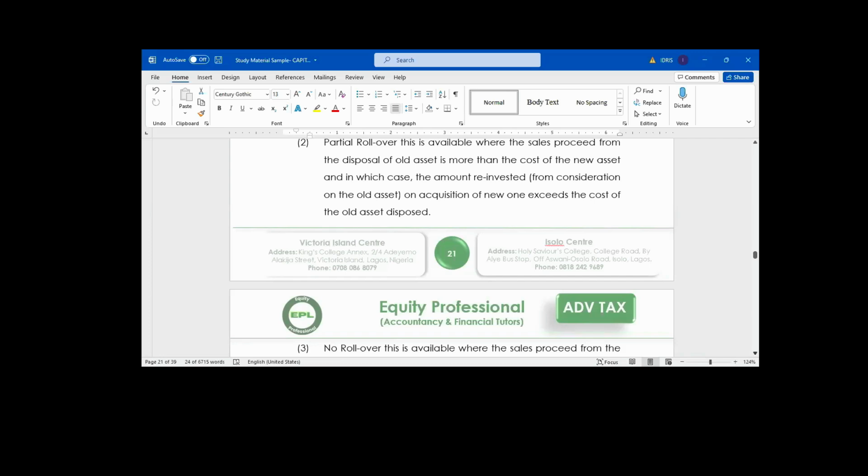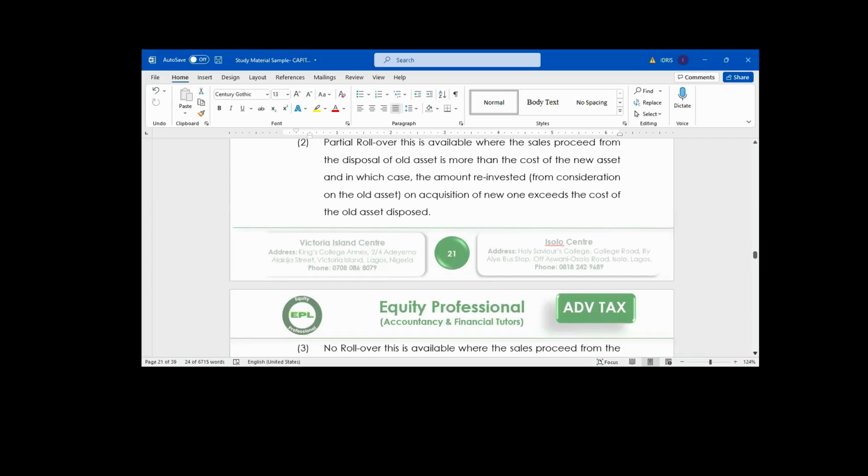Partial rollover arises when the amount reinvested in the new asset is less than the sales proceeds of the old asset, but higher than the cost of acquisition of the old assets. The amount reinvested in the purchase of new assets is less than the sales proceeds of the old assets, but higher than the cost of acquisition of the old asset.